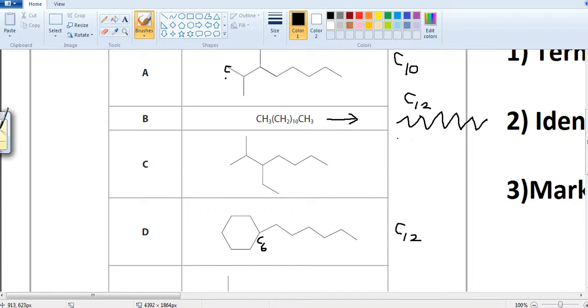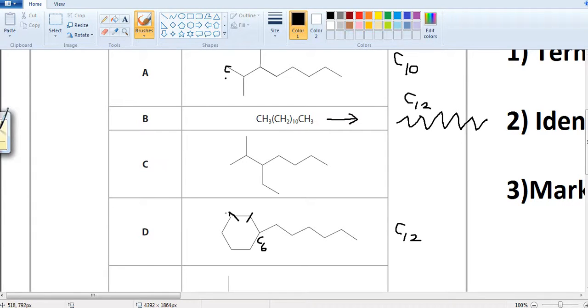Here is one thing: though they have the same number of carbon atoms, they might have a different number of hydrogen atoms. So let us calculate the number of hydrogen atoms. Though B and D have the same number of carbon atoms, they might have differing numbers of hydrogen atoms.